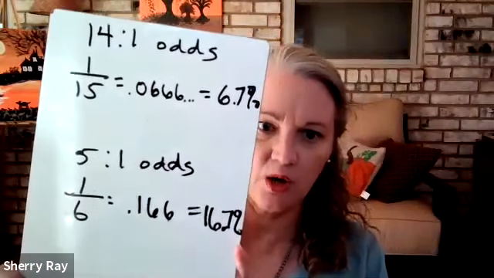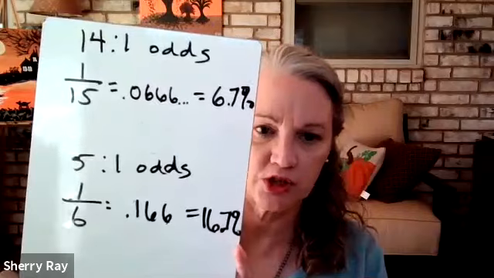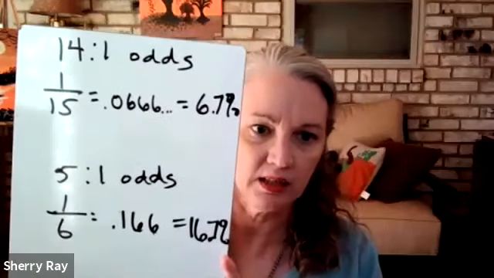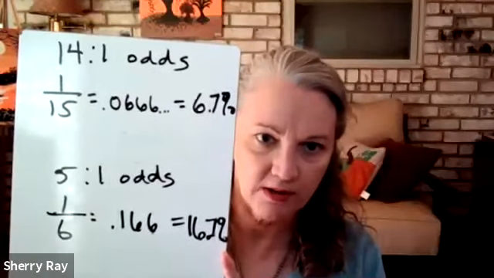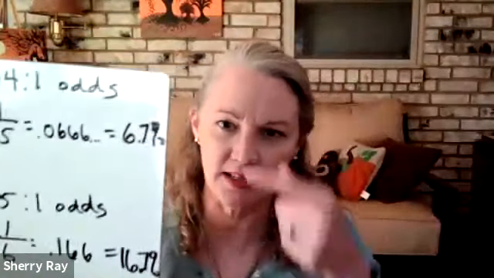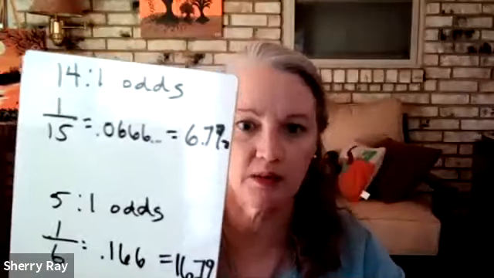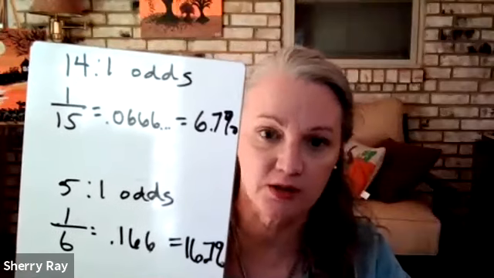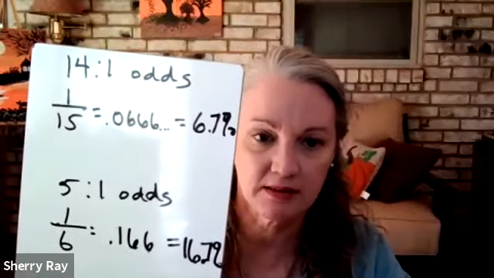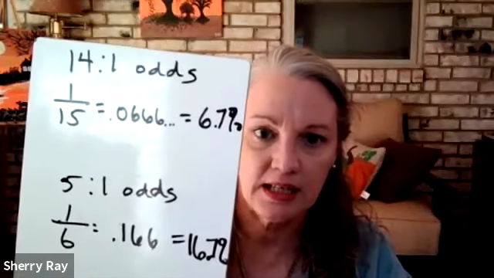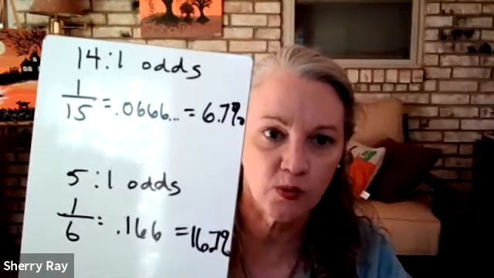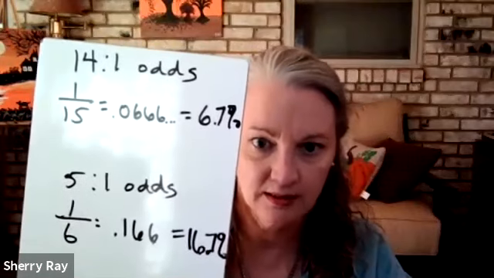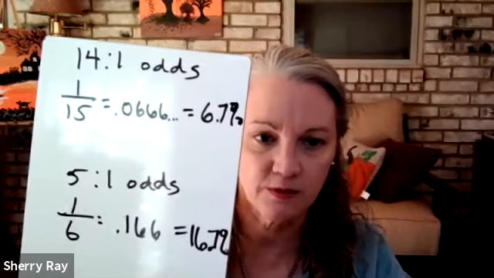So the chances are much more generous that I'm going to win in the 5-to-1 rather than the 14-to-1. And this can be a little confusing because if I won this race here, I would win a lot more money because I would get $14 for every dollar I bet. But it is a lot less likely to win in a 14-to-1 odds against versus 5-to-1 odds against.